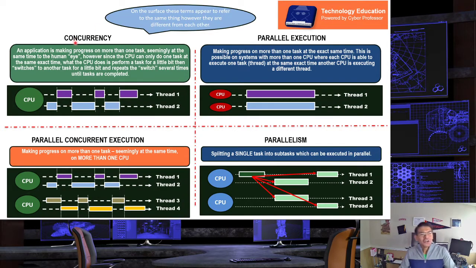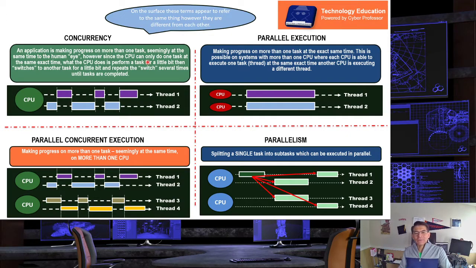Okay, so concurrency being the first concept that we want to clarify for you, it is when an application is making progress on more than one task seemingly at the same time to the human eye, and this is the important highlight for you, seemingly at the same time to the human eye.